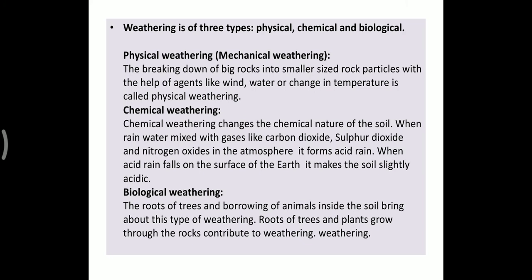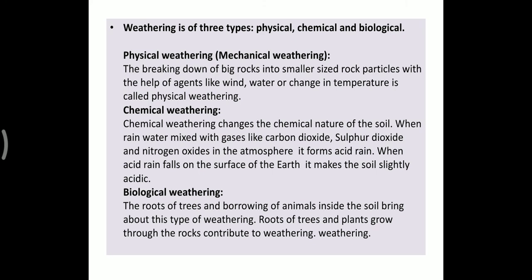So when weathering occurs due to chemical changes in the properties of soil, it will be known as chemical weathering. When breakdown of a rock occurs due to some chemical changes in the property of soil, then it will be known as chemical weathering.